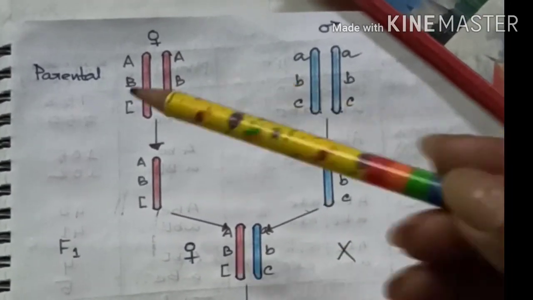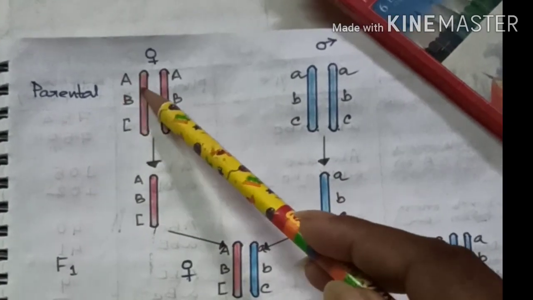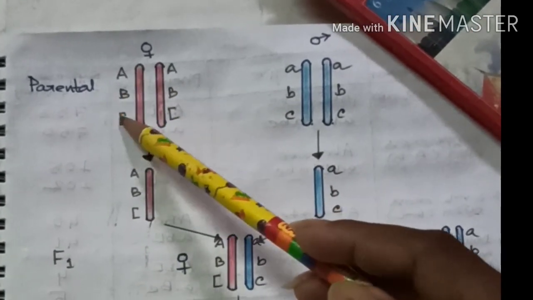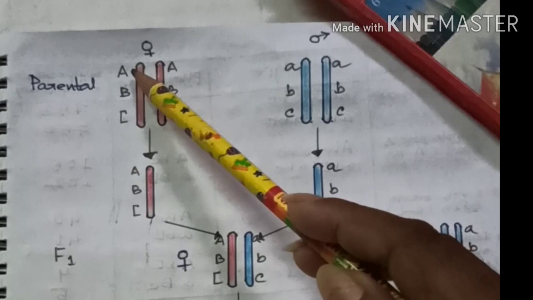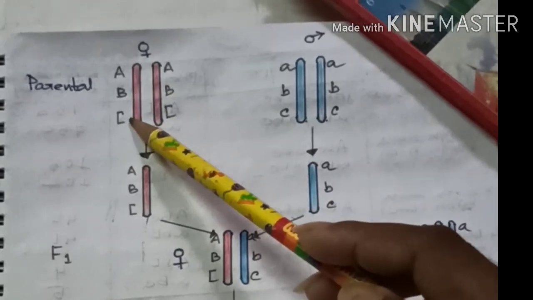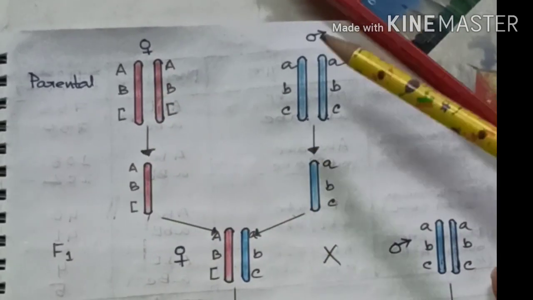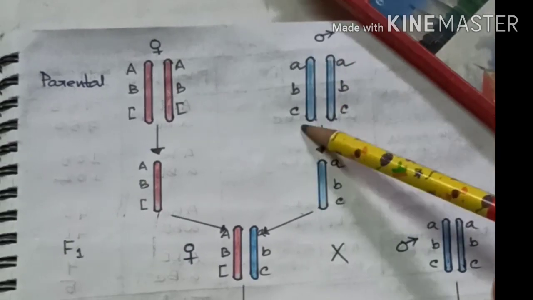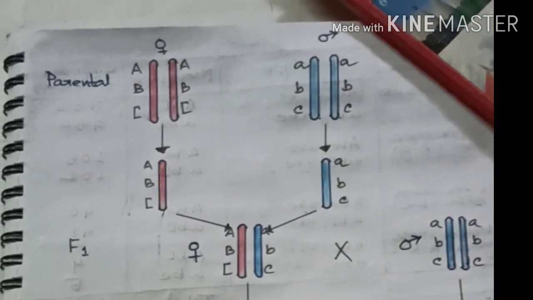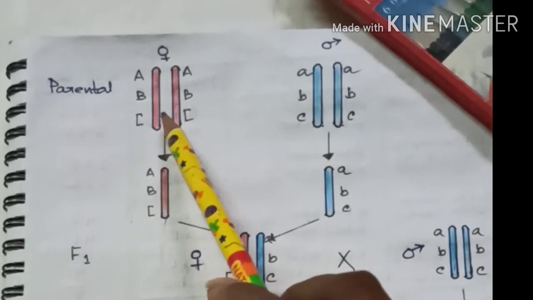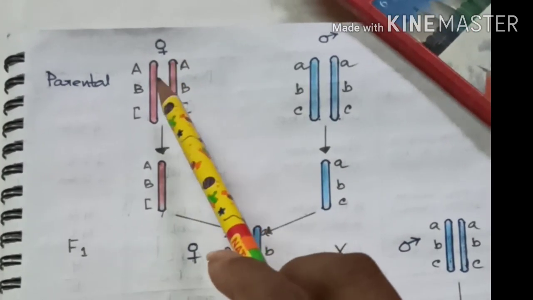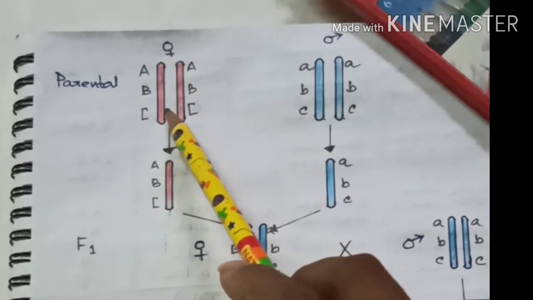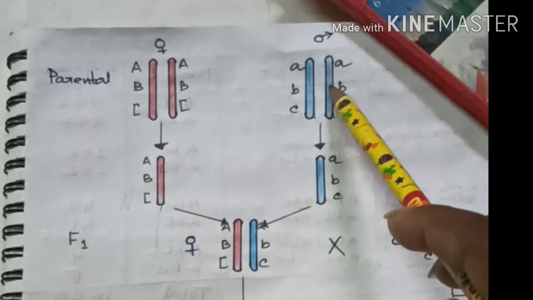Here hypothetically we take 3 genes, 3 parental genes. One is capital A B C, that is dominant, and another one is small a b c, that is recessive. This one is used as the female and this one as the male.